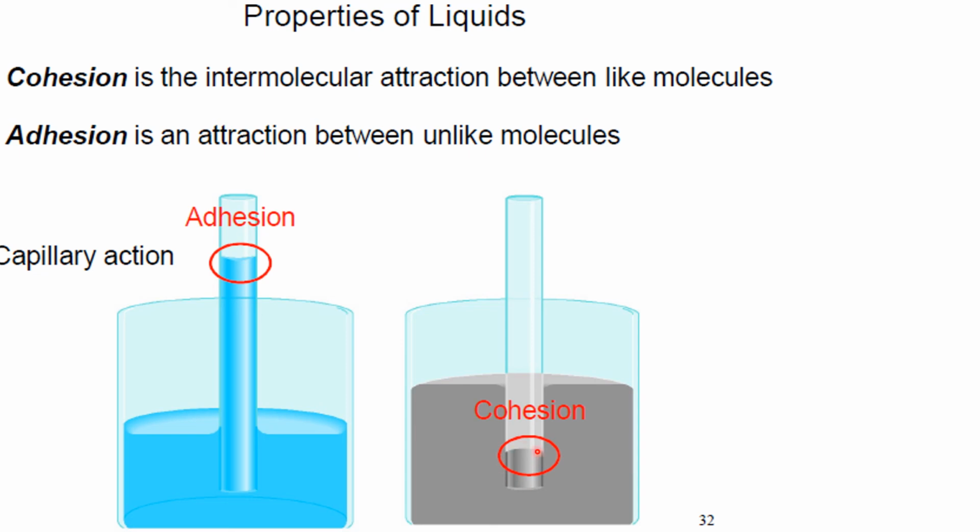Or you can get cohesion. The contrast here is that adhesion is sticking to a separate surface, whereas cohesion is resisting sticking to a separate surface because it had rather stick to the rest of the liquid.